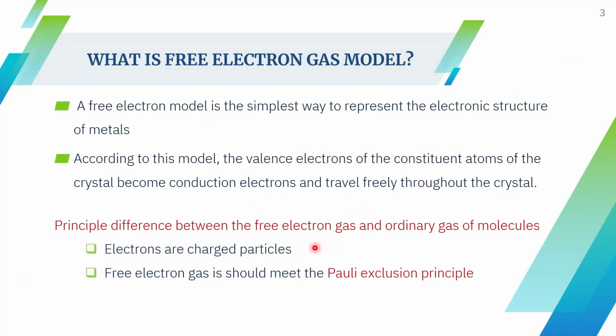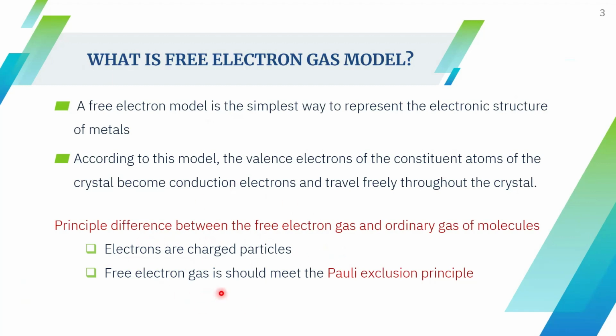This can be done within a jellium model, according to which the positive charge of ions is smeared out uniformly throughout the crystal. This positive background maintains the charge neutrality but does not exert any field on the electrons. Ions form a uniform jelly into which electrons move. This is the first principal difference.